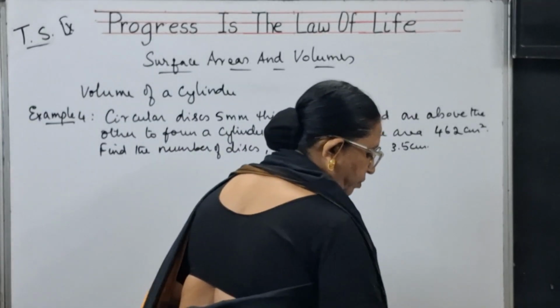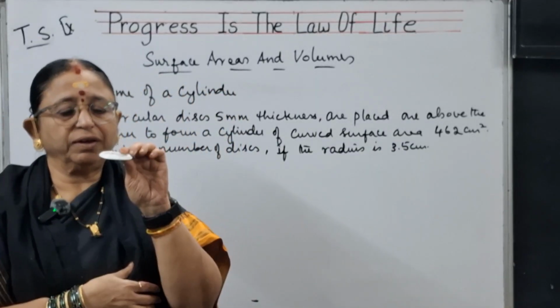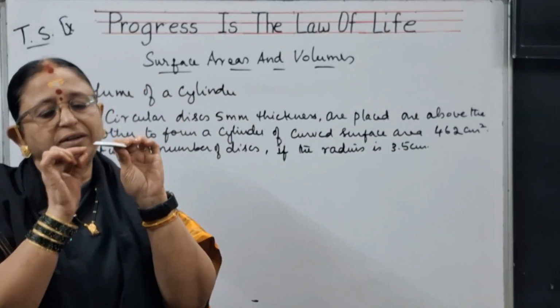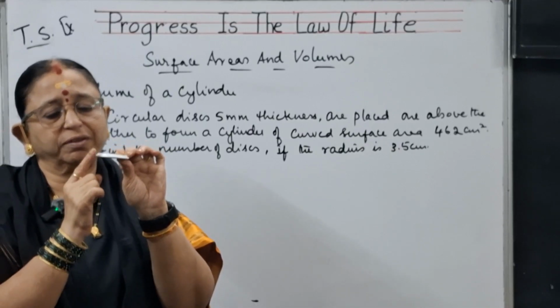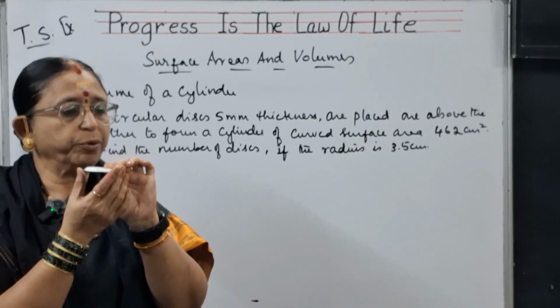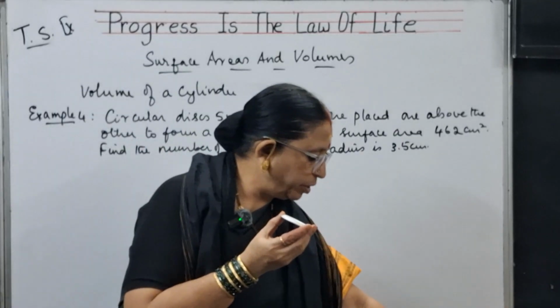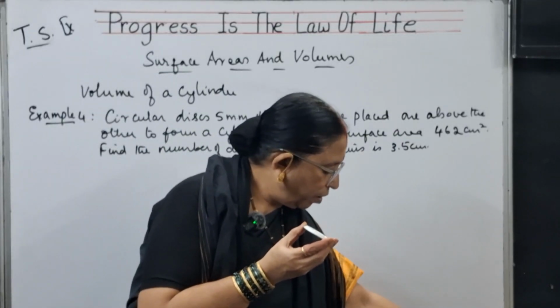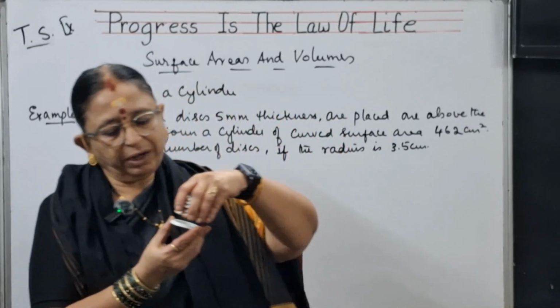So let me give you an explanation for it. Suppose this is a circular disc. This circular disc thickness is 0.5. Thickness means this part. This is 5 millimeters. It's so small, no? So what happened? Some circular discs are placed one above the other.